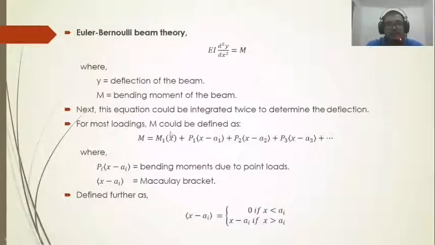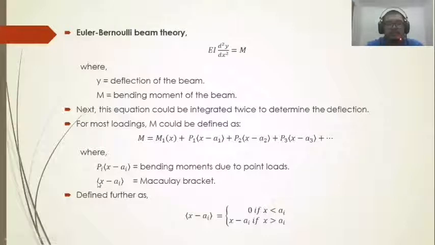So for most loadings, the moment M can be defined as M equals M1 times x plus P1 bracket of x minus a1 plus P2 bracket of x minus a2 plus P3 bracket of x minus a3 and so on, where P bracket of x minus a refers to bending moments due to point loads.